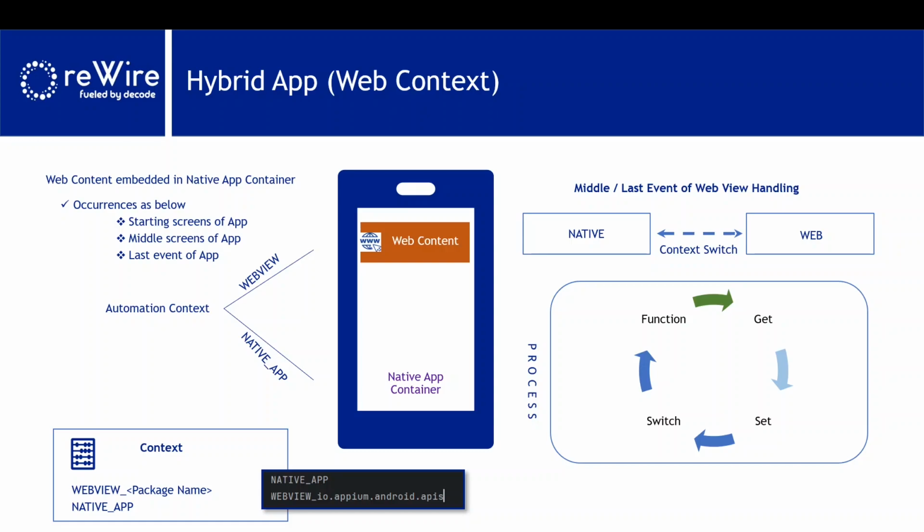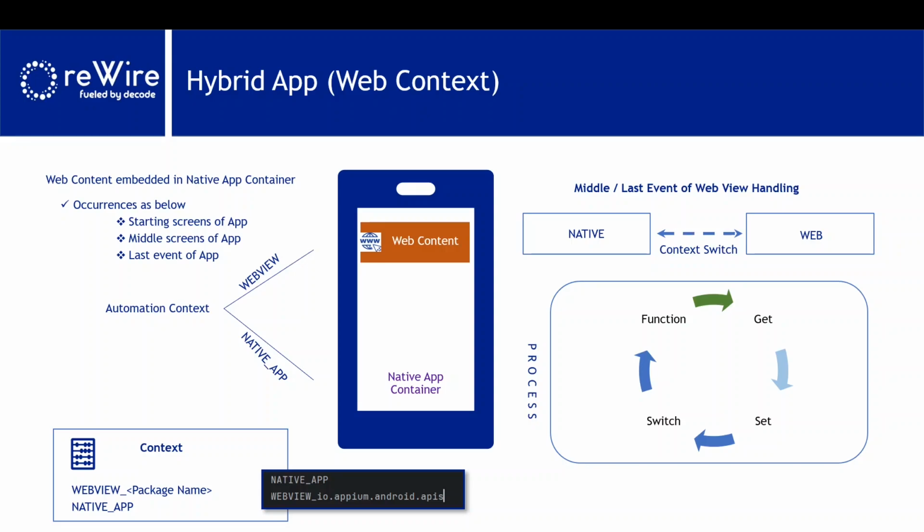You need to understand that. If you are switching over to a web page, that is entirely different, that is not embedded in your native app. Suppose the web page context opens in the app itself, then we call it a hybrid app. That is rendered within the native app container. So this is the overall concept behind the hybrid app.